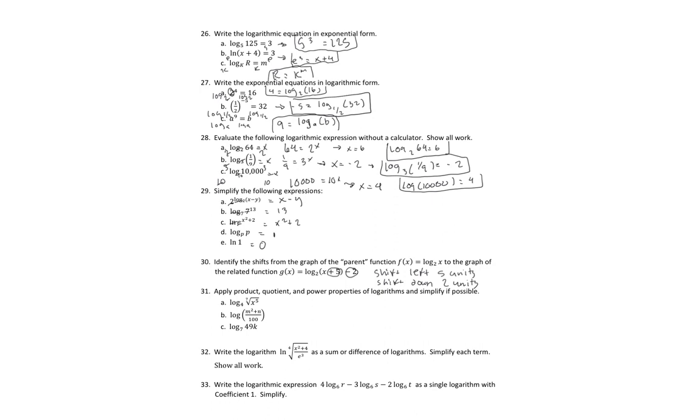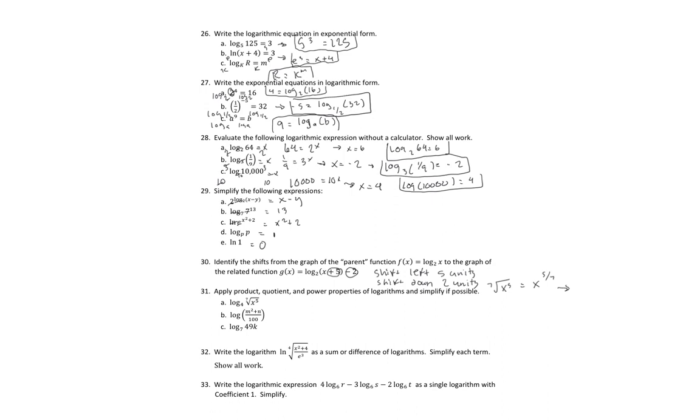So let's take this 7th root of x to the 5th, and see if we can write it in exponential form. This root 7 can be rewritten as a fraction, so we're just going to have x to the 5 over 7.